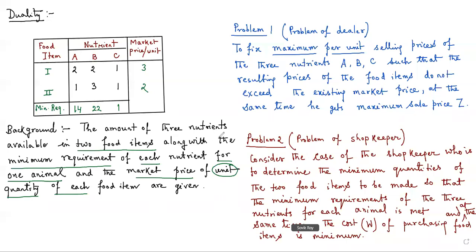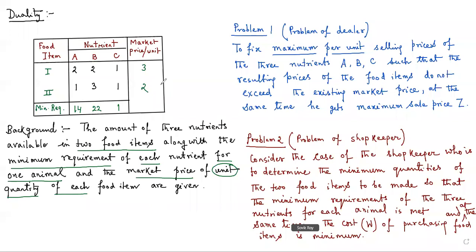Okay, so the minimum requirement of each nutrient for one animal is given in this particular row. And these are the market prices of unit quantity of each food item. The market price of unit quantity of food item 1 is 3, and the market price of unit quantity of food item 2 is 2.